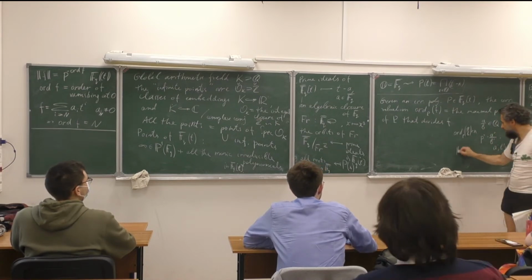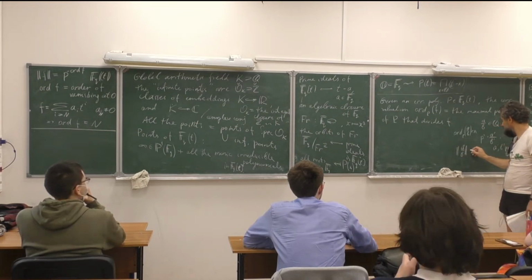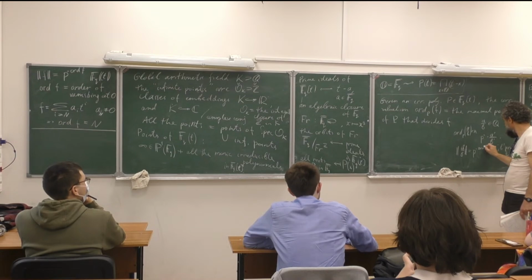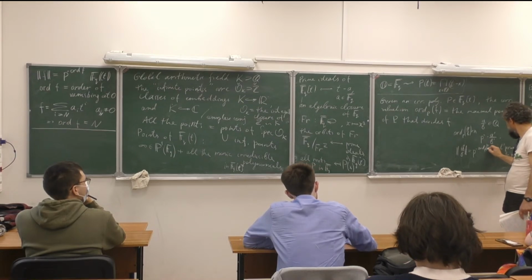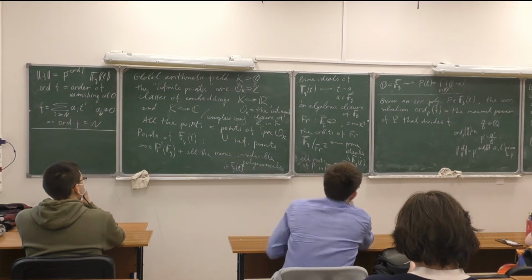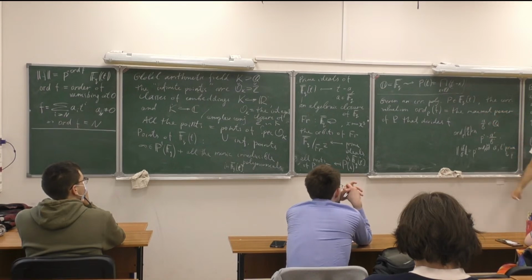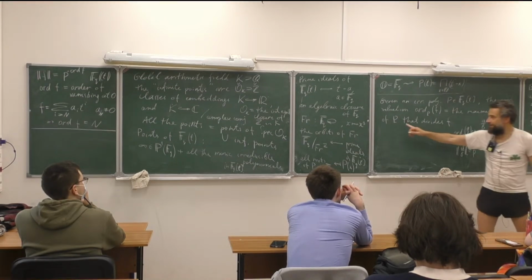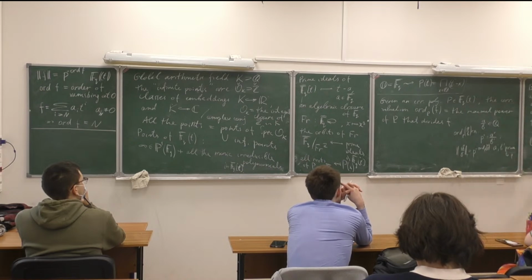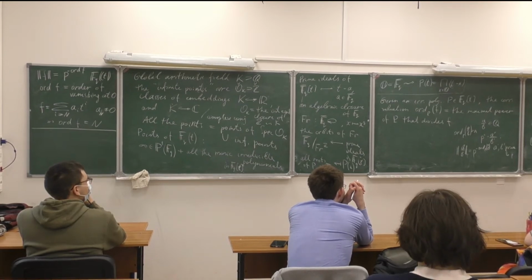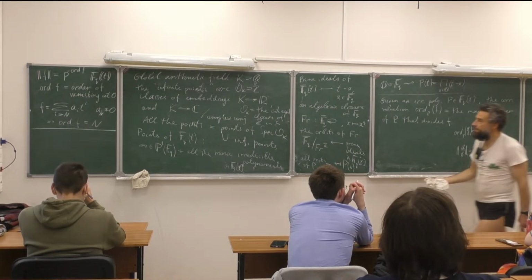And the p-adic valuation of a over b was p to the negative order. Okay? And here we do just the same. So we replace this small p by this capital P. Just the same, right?